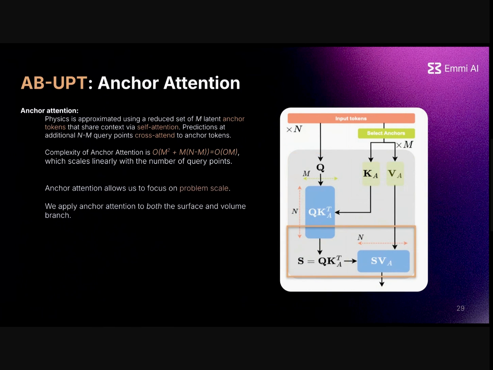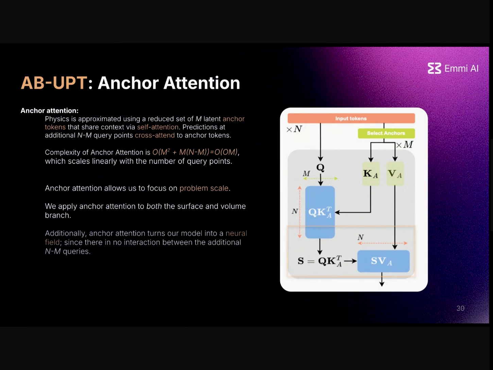And this allows us to focus on problem scale, because now we're able to scale the problem to millions of query points that we need for these industry standard simulation meshes. And we apply this anchor attention in both the volume and surface branch.